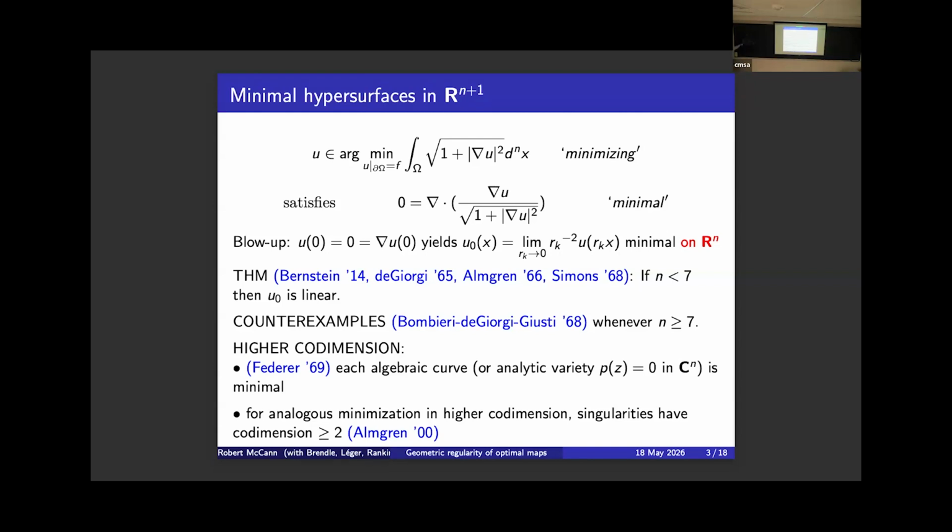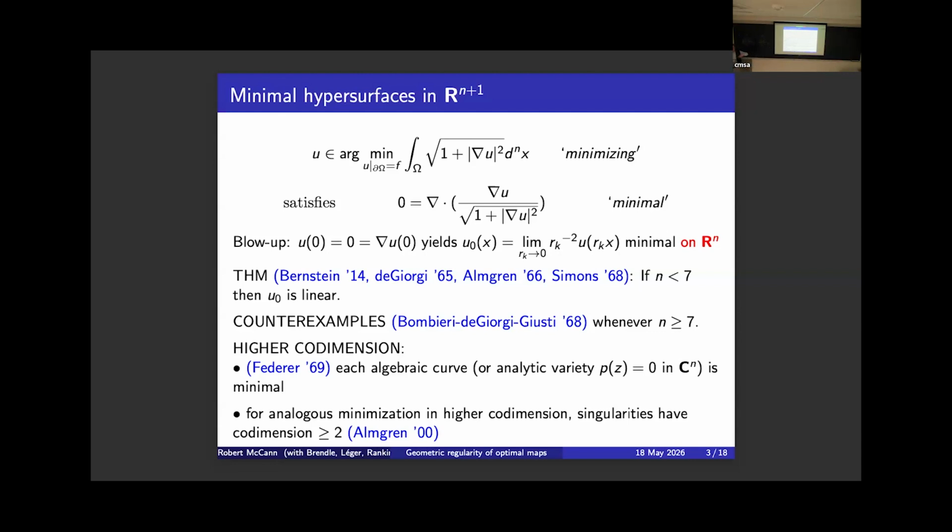In 2 dimensions, these have lower area than the original one I drew, the one that was 1 here and 0 there. But by the time you get to R4 across R4, it turns out that this surface with the singularity at the origin has lower surface area. Things like this lead to counterexamples to regularity of solutions to this equation in high dimensions.